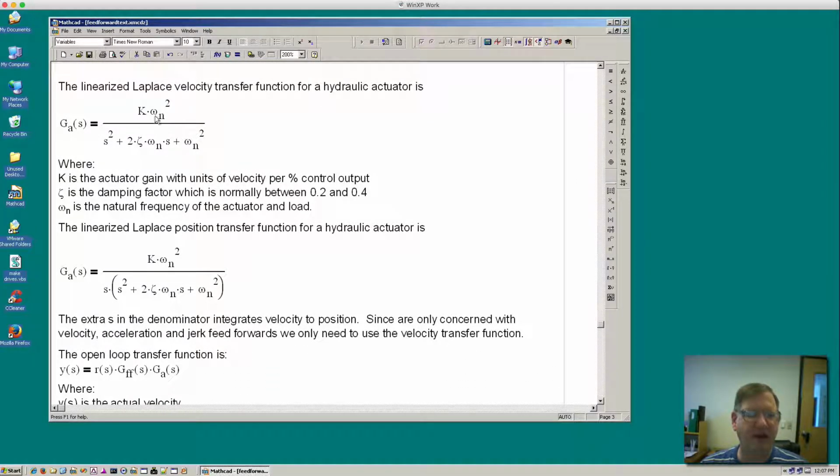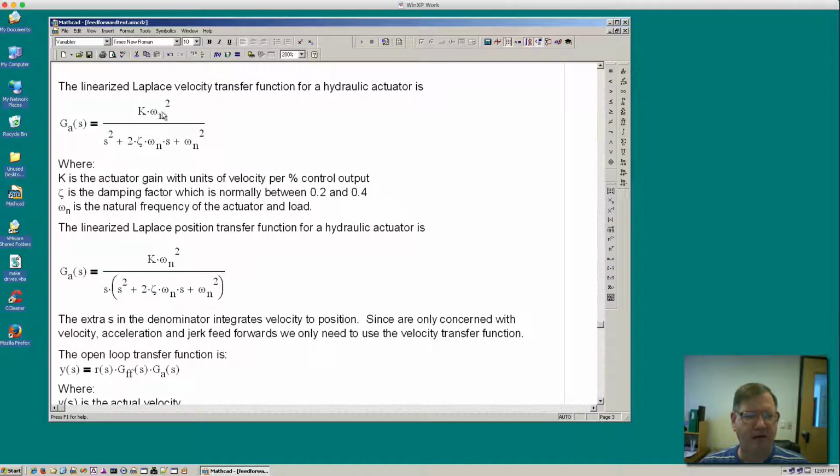And this is the velocity transfer function for a hydraulic actuator. There's a gain, which is basically the same gain as what you have for a motor. This is the velocity per percent output. But we have the natural frequency of the actuator and load, and the damping factor of the system.